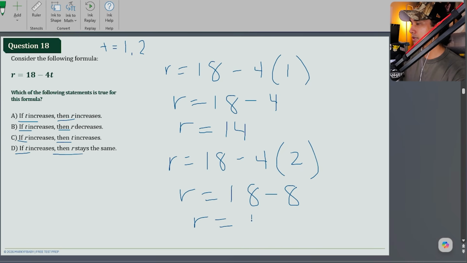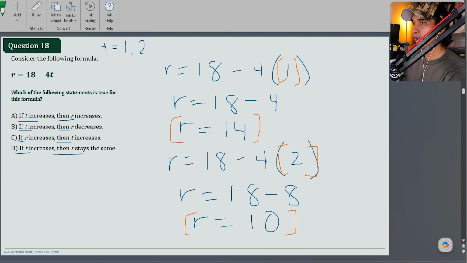R is equal to 10. Okay, what happened here? Let's use orange. We had the 1 here, the 2 here. These are t, and r are these values right here. Well, when t increased from 1 to 2, r decreased from 14 to 10.